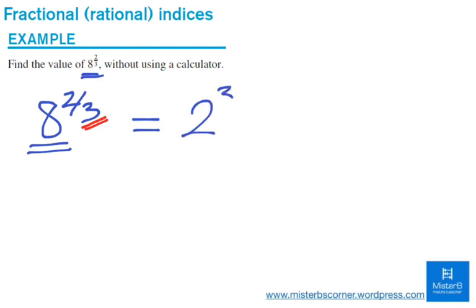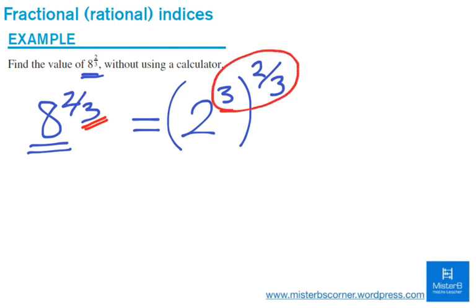So I'm going to write 8 as 2 to the power of 3, and there is this 2/3 here. Now we will see in laws of indices, but if you have a power of power situation, then you have to multiply the powers. So you're going to end up with 2 to the power of 3 times 2/3.